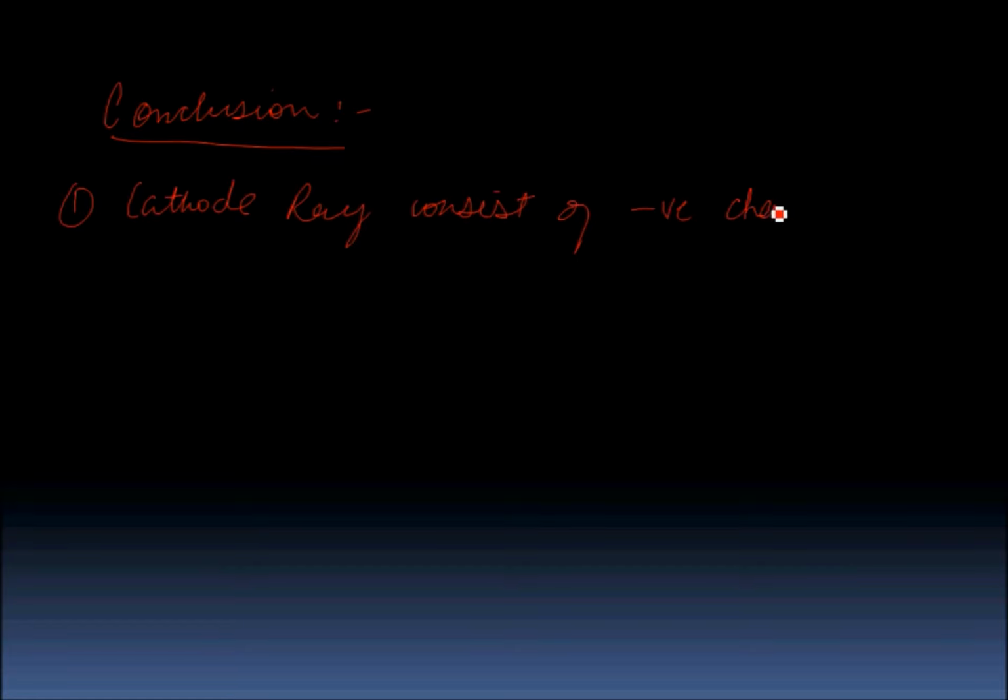So what is the conclusion? First, we came to know that cathode ray consists of negatively charged particles, right? We call it electron.